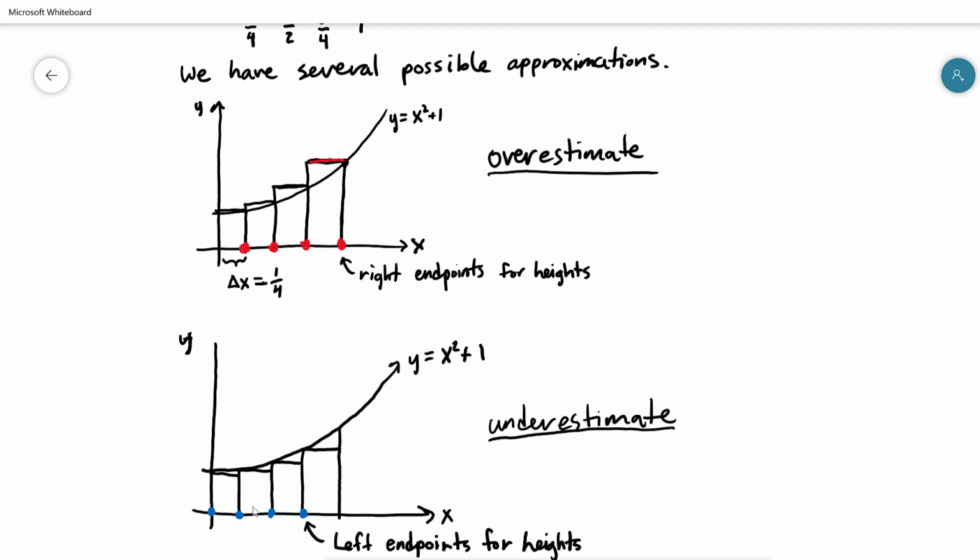The next one I'm going to do is the left endpoints. So now instead of using the points 1/4, 1/2, 3/4, and 1, I'm going to use the points 0, 1/4, 1/2, and 3/4, all the left endpoints of these 4 rectangles.